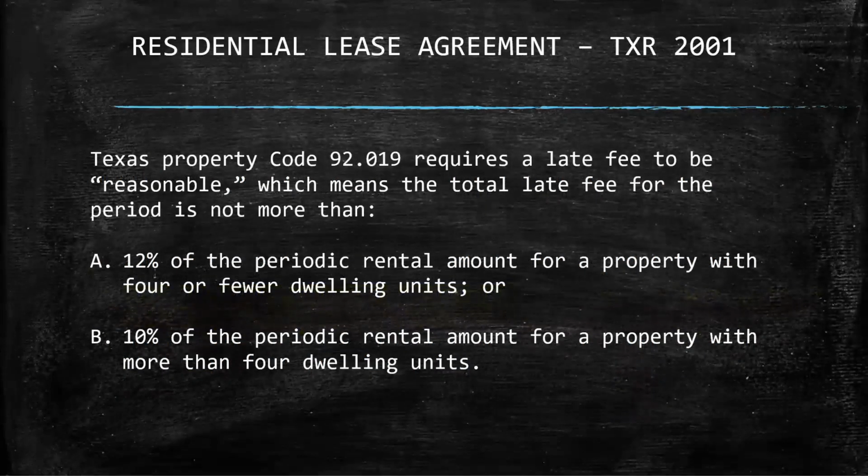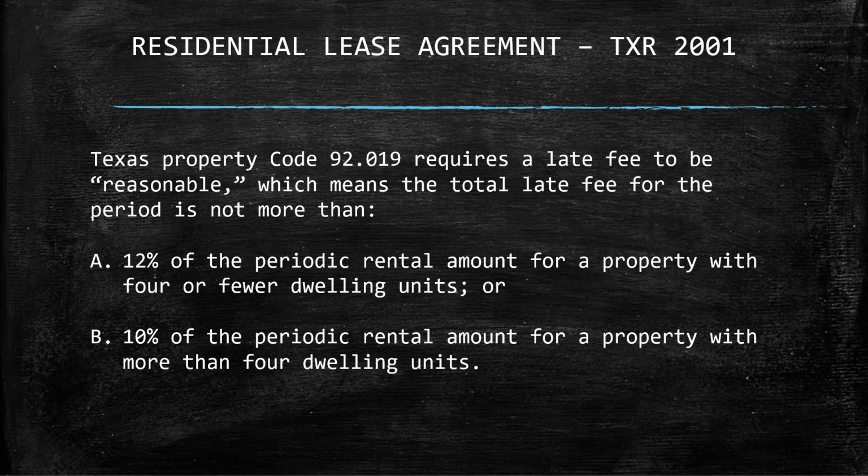There are some limits as to what a landlord may charge for a late fee. These limits are set out in Property Code 92.019. That section requires a late fee to be quote unquote reasonable. And for purposes of the Property Code, a reasonable late fee is defined as one of these 2 numbers.